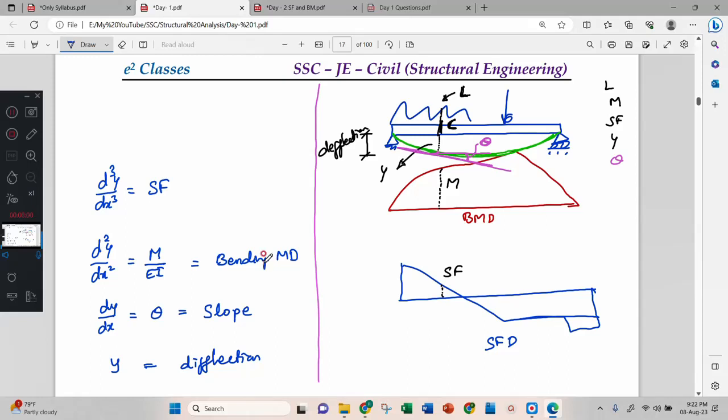Now d⁴y/dx⁴ is equal to load. Okay, remember this one.